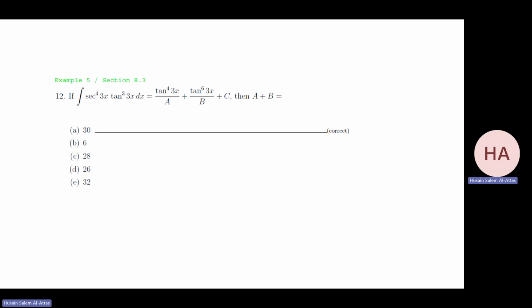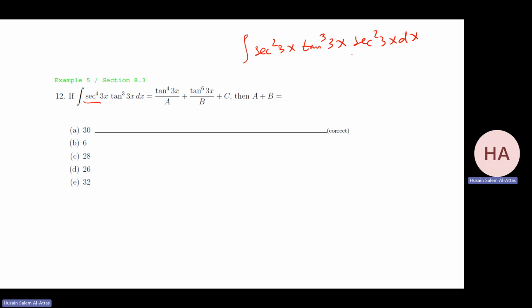So I take square of this. So I change everything in terms of tan. Or you can do it with secant and return it back, it's up to you. Now this will be secant square 3x tan cube 3x secant square 3x dx.